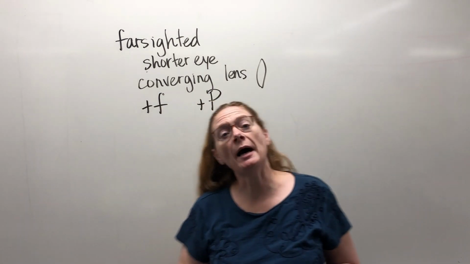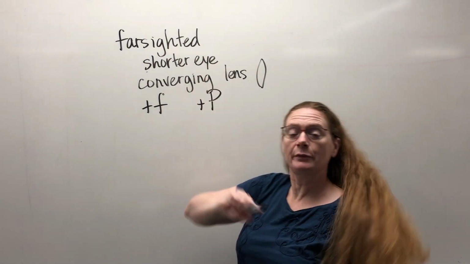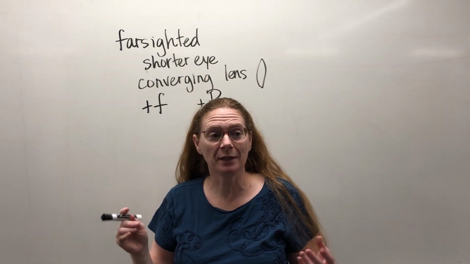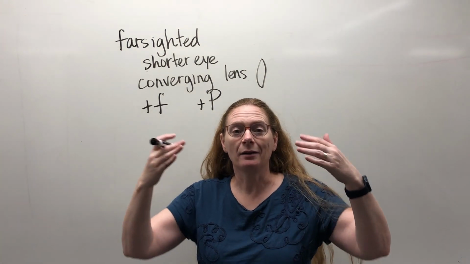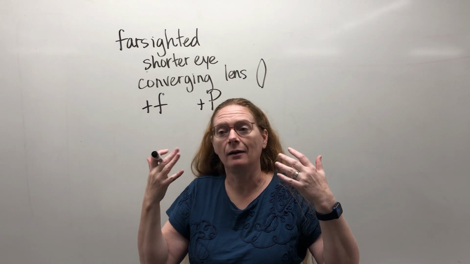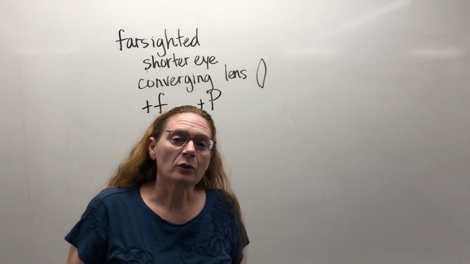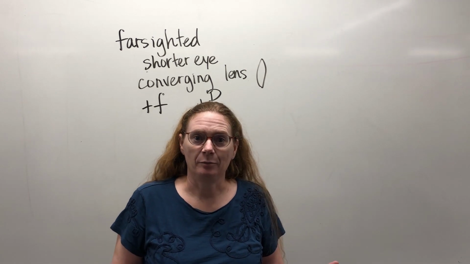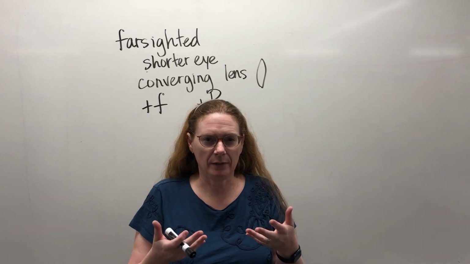So if you have a positive prescription for a lens, that means you are farsighted. And farsighted people can see far away things pretty easily, and close up things are not as easy for them to see. So what do we need to measure for farsighted people? Close up things are hard to see.